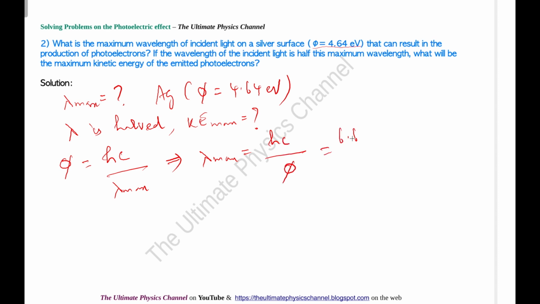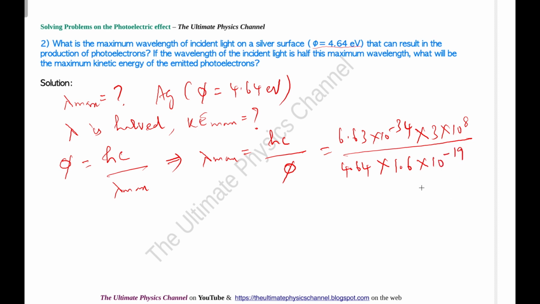We know these constants, so 6.63 into 10 power minus 34 is substituted for h, and for c we substitute 3 times 10 power 8, over phi, which is given as 4.64 times, we convert from eV units to joule units by multiplying with the electric charge, that is 1.6 into 10 power minus 19. The basic unit of charge, the charge of the electron, has to be multiplied for conversion from electron volt units to joule units.